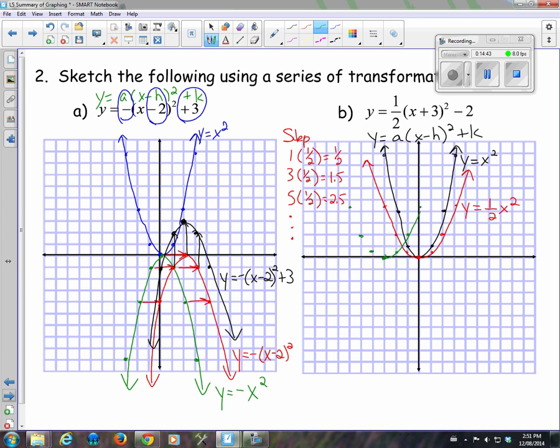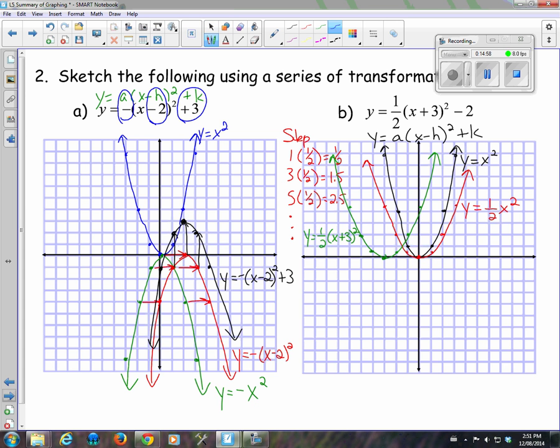And once I move them all over 3, join them up. And there's my parabola moved over 3. So I've used my half and I've used my +3 to make the graph.